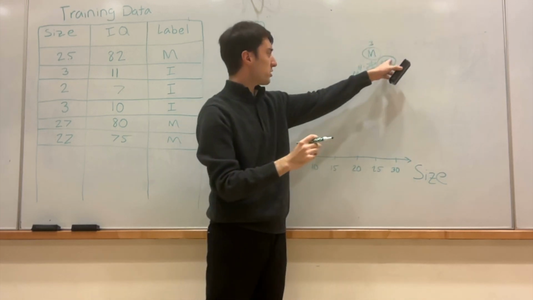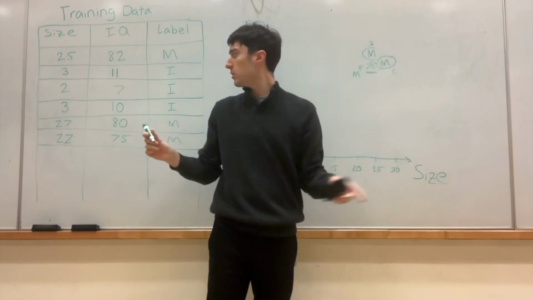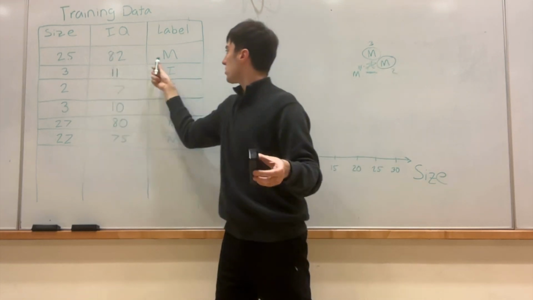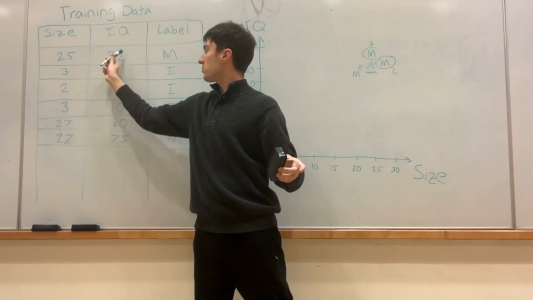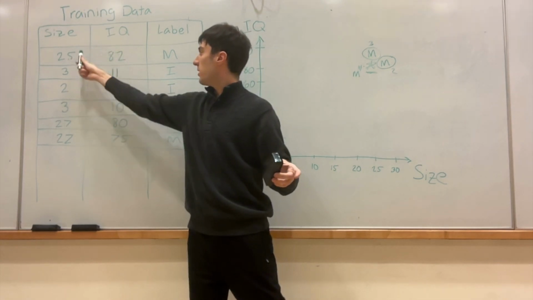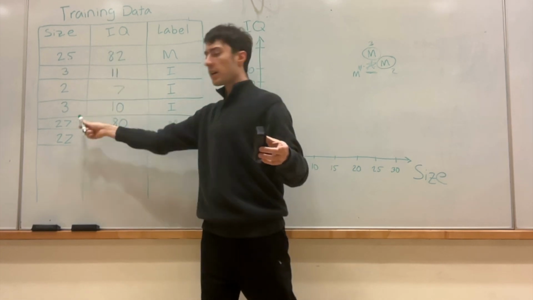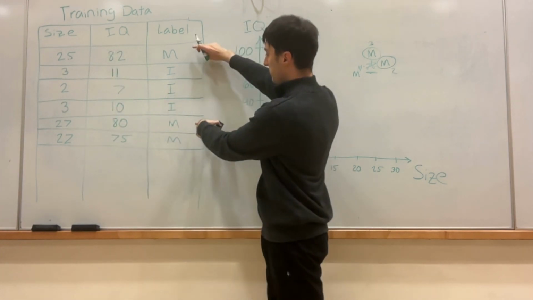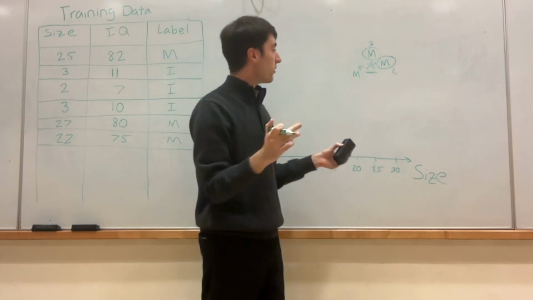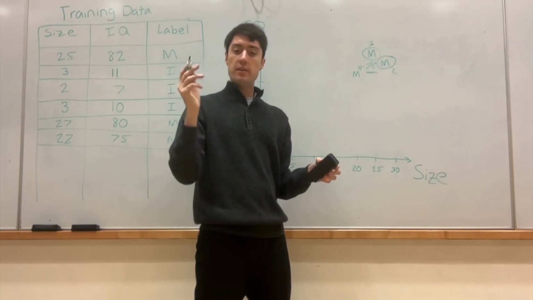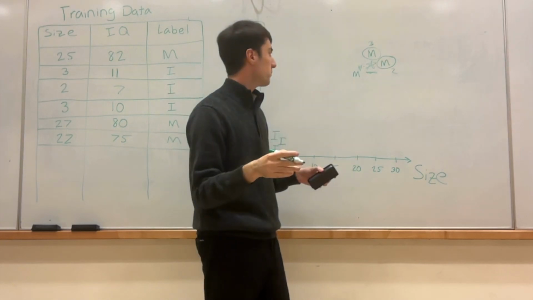It looked at these attributes and calculated the distance and said that this is the closest and this is the second closest. It looked at the label, said they're both monkey, and therefore I'm going to classify this point as monkey.